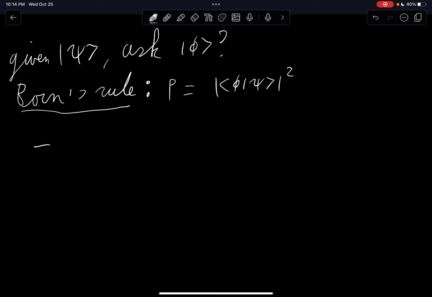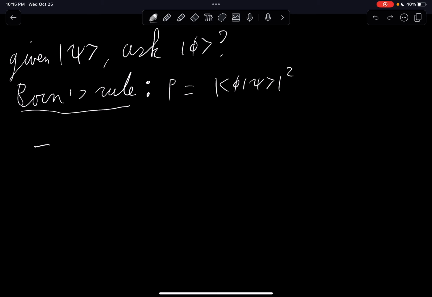Okay, so let me maybe write down the motivations for doing this more general setup. Born's rule really only applies when we are given, for example, n qubits, and we ask, are you, so when both psi and phi are n qubit states. But a very reasonable question to ask is, well, let's say I give you a 2 qubit system, and now I just measure the first one.